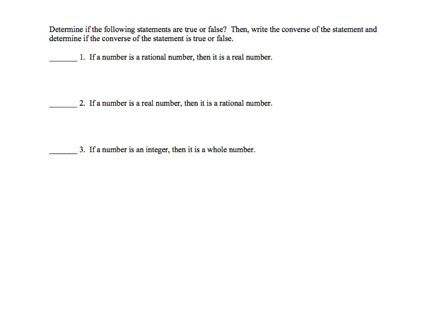Remember, you get the converse of an if-then statement by switching the if and the then part. So first we're going to look at this first statement. If a number is a rational number, then it is a real number. And this has to be true for every single rational number that's out there. Now, if you remember, it's true.